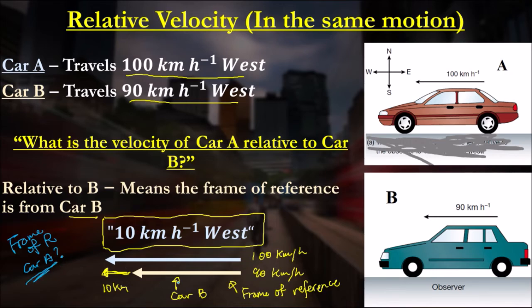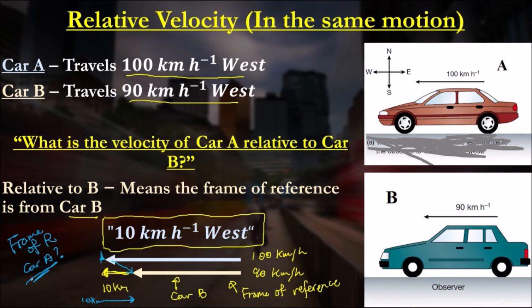How fast would car B be traveling? Well, if we have a look at the arrow here, let's imagine we're car A here after 1 hour. We look at where car B is, and we can see car B is about 10 kilometers slower than us. Okay. So if car B is 10 kilometers slower than us, it would almost appear as if car B is moving away from us.